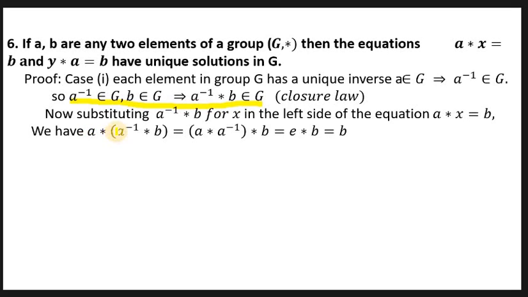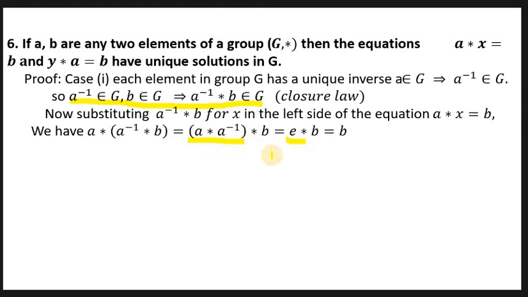We made use of the associative law and grouped A star A inverse together, and this is nothing but an identity element E.